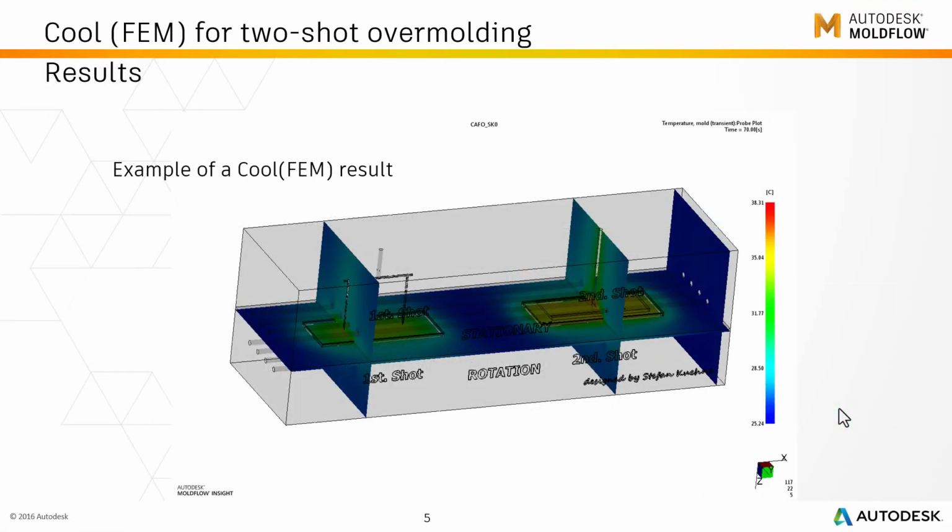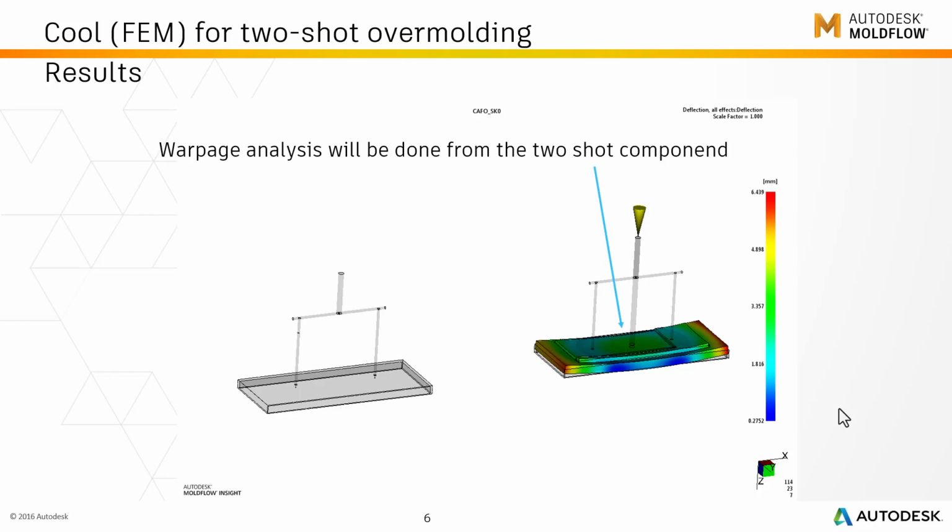Then you run a Cool FEM analysis, and you should be able to see the temperature distribution across the part. The warpage will be done for both shots as we do it for the overmolding. In this case, since both the shots are going to be molded into a single part, the indexing happens here.